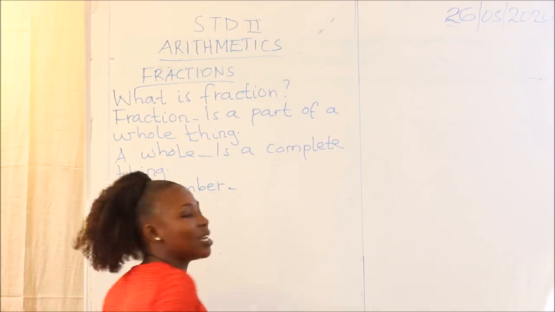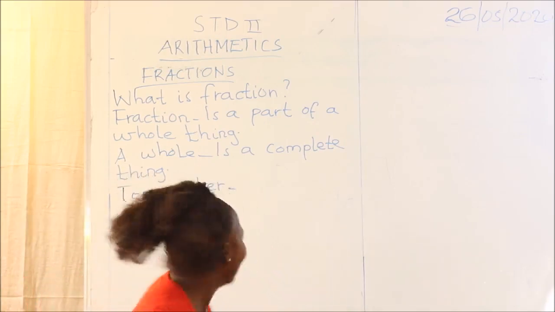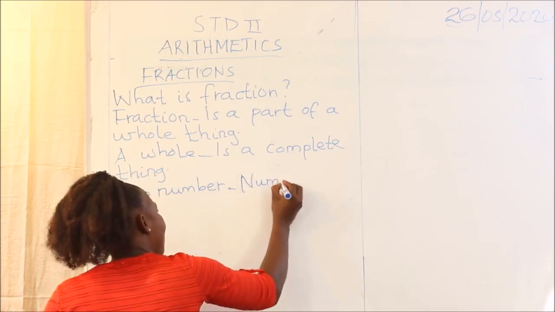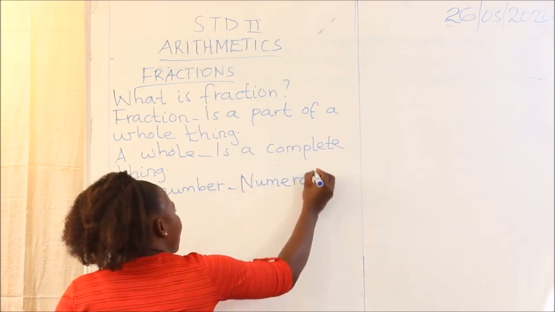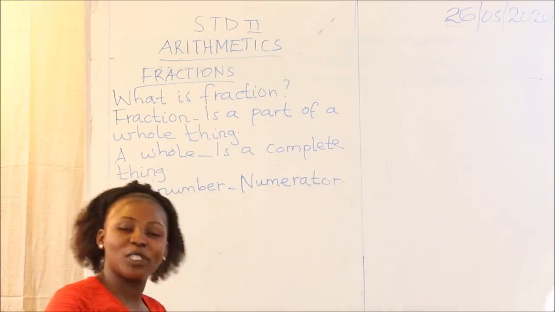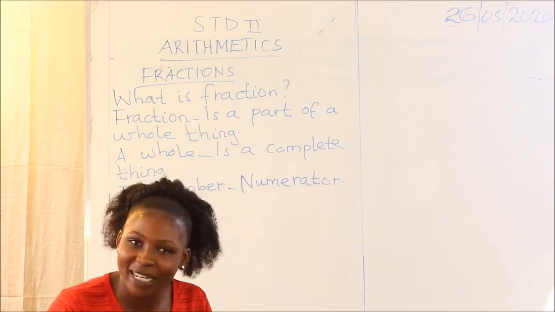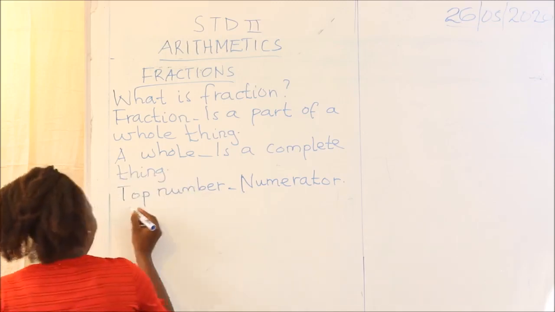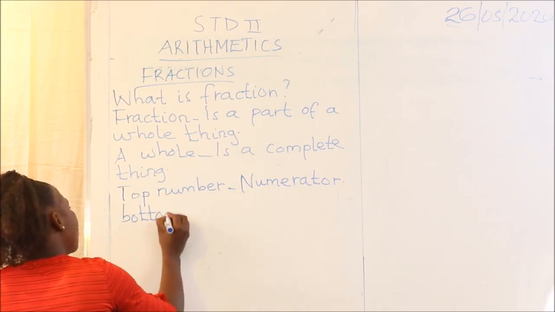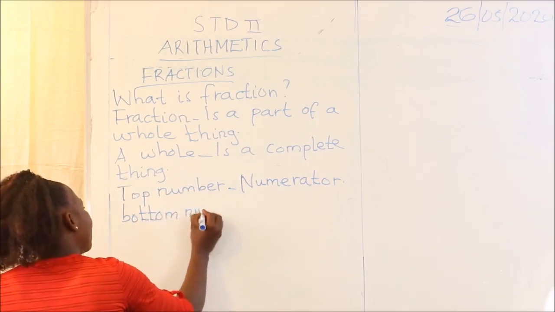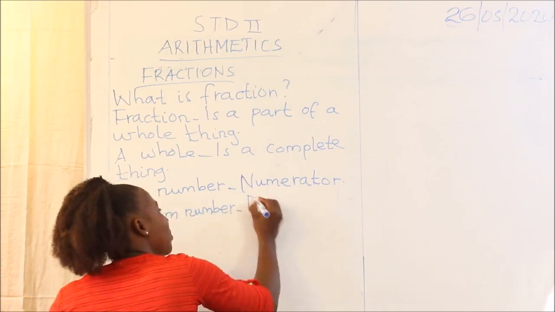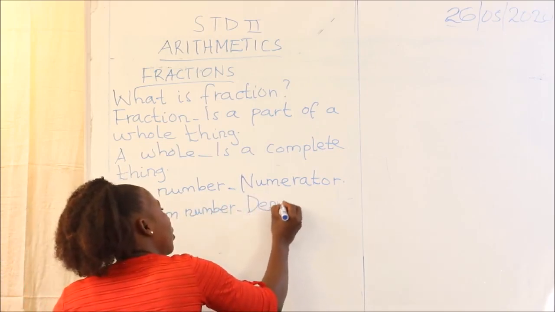The top number in a fraction is known as the numerator. And the bottom number is known as the denominator.